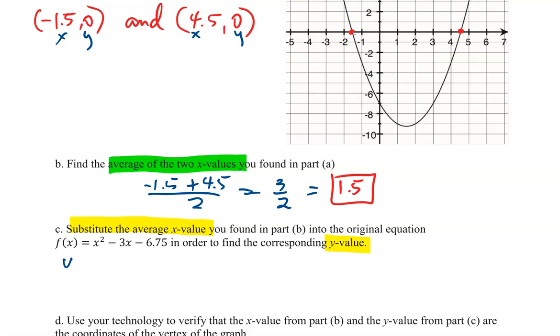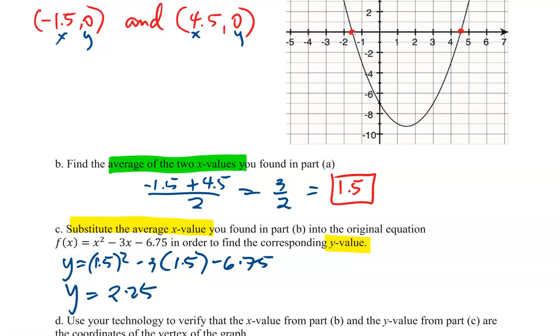So here, y is equal to 1.5 squared minus 3 times 1.5 minus 6.75. 1.5 squared is 2.25, and 3 times 1.5 is negative 4.5, minus 6.75. And this is equal to negative 9.